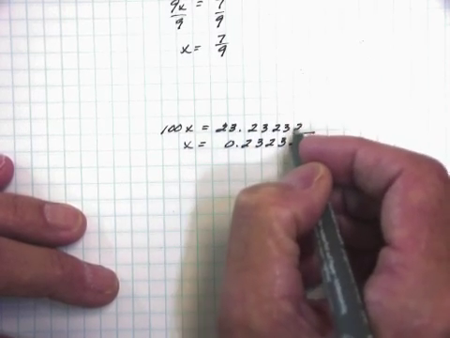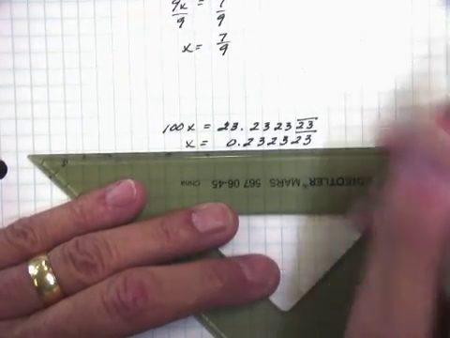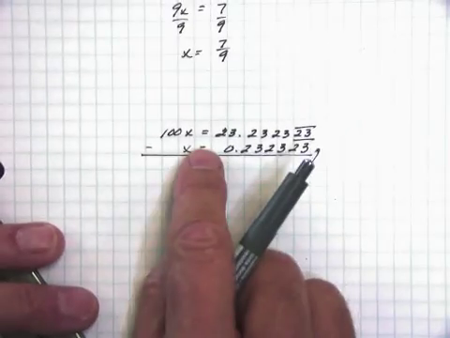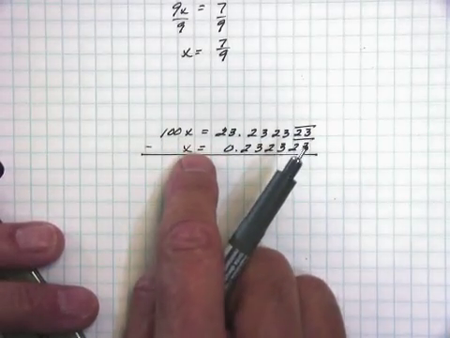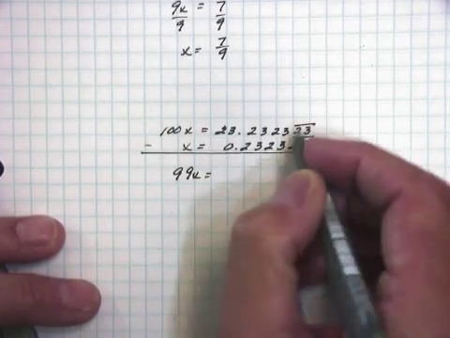So if I'm moving 2 places, I'm multiplying by 100. So 100x equals, moving the decimal 2 places, 23.232323. Boom, and that goes on forever.